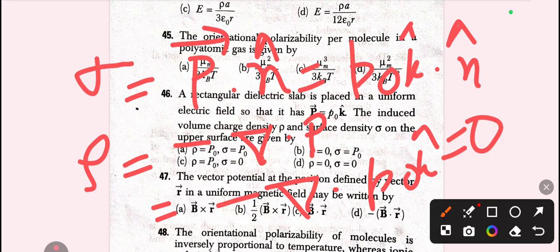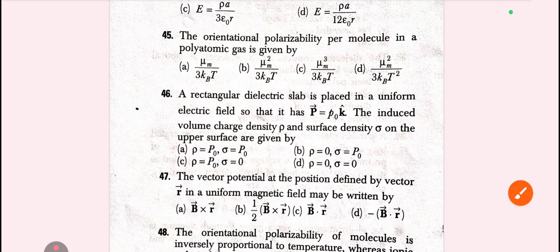The correct option for question number 46 is sigma equal to P naught and rho equal to 0.